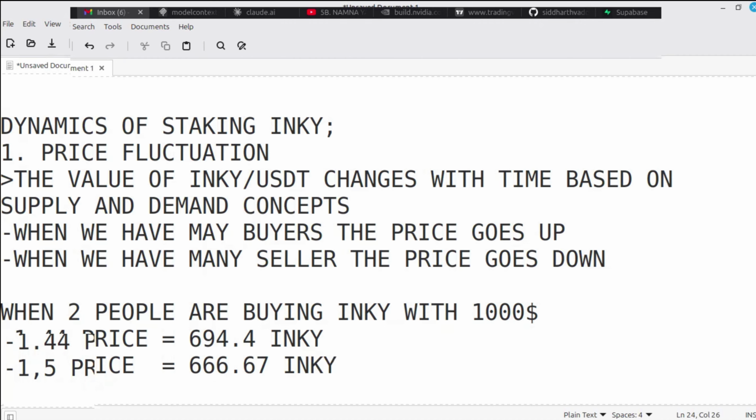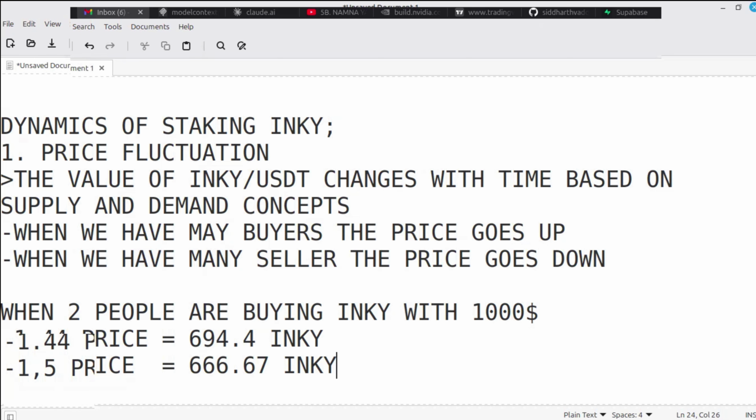So the price of an asset actually plays a role in terms of the dynamics, in terms of how much you get at the end of the day. So the first dynamic of this business is the price fluctuation.